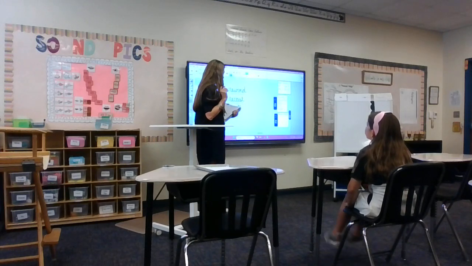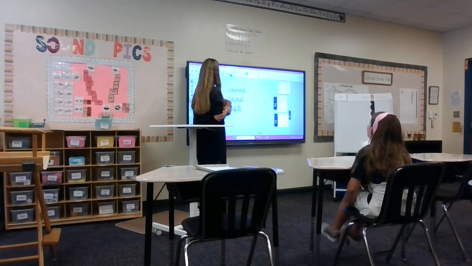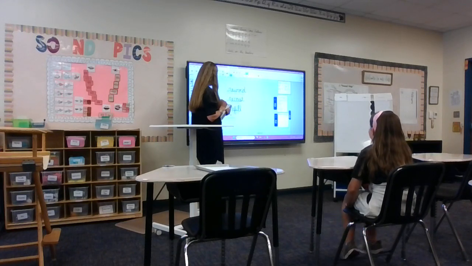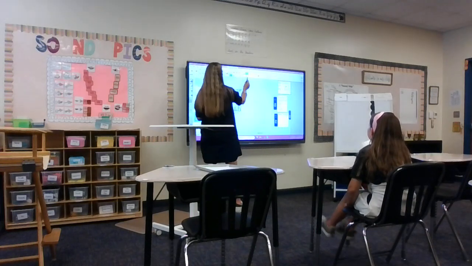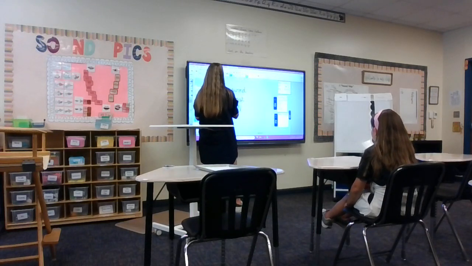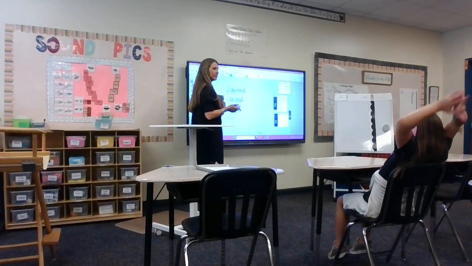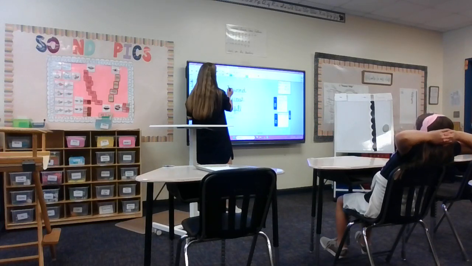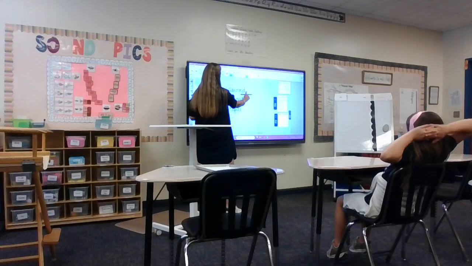What letters do you see alike in all of these words? R-E, very good. If we box in prefix re, do we still have a base word left? Yes, we would have wind.